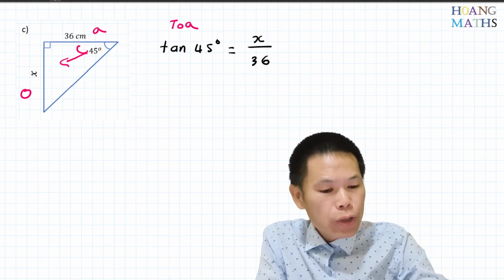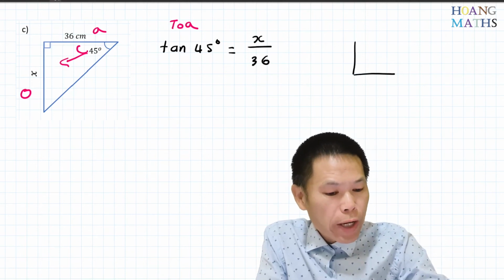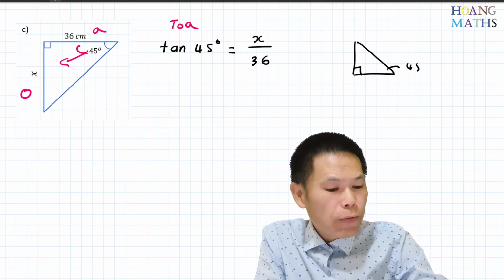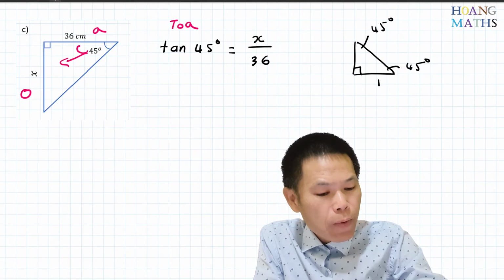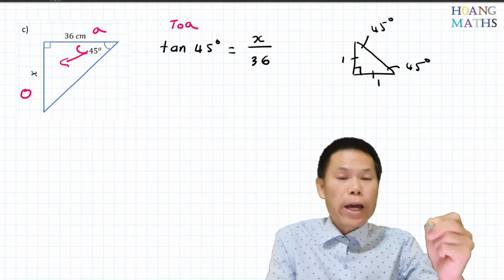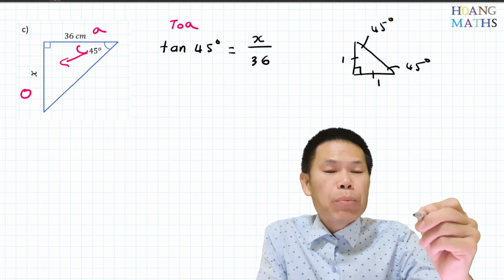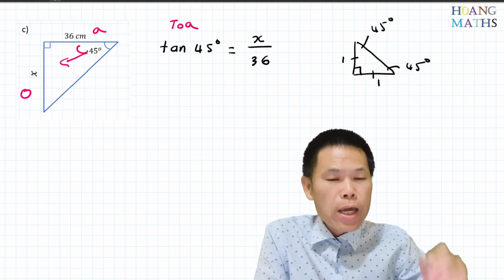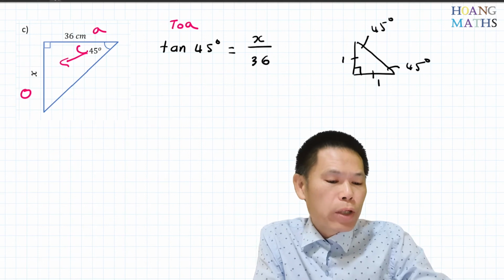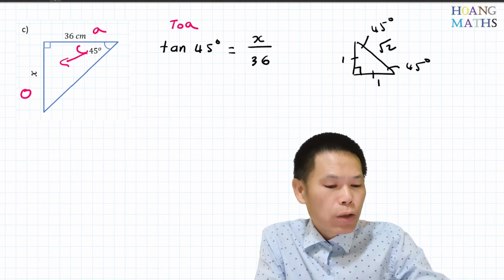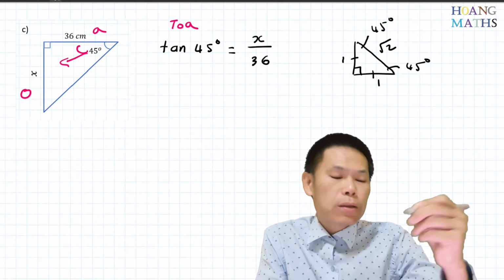Otherwise, you just quickly draw a right angle triangle out. And this is 90 degrees, this is 45, and this is 45. And this is 1 and 1, an isosceles triangle. And we need to work out the hypotenuse. So 1 squared plus 1 squared. 1 squared is 1, plus another 1 squared, which is 1. So 1 plus 1 is 2, so root 2. So tan is opposite over adjacent.